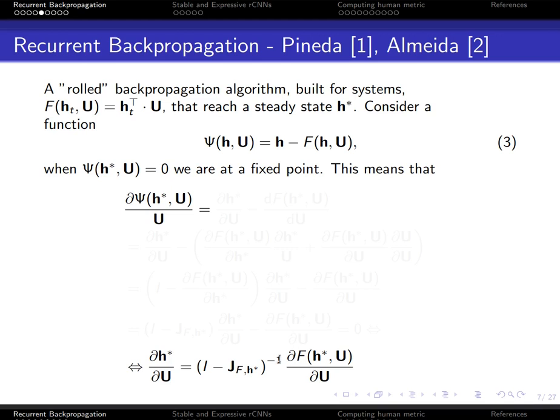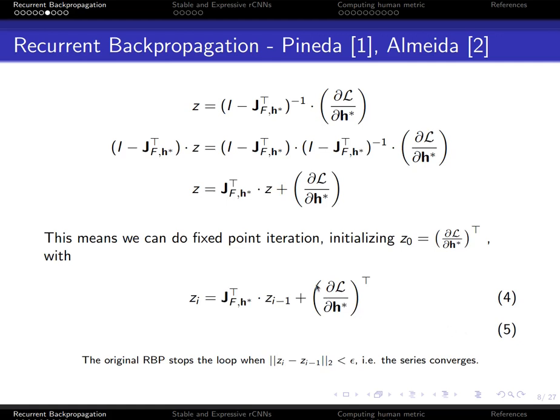Now, this is a really cool solution. However, taking the inverse of this may be very costly. And the authors back in 1987, independently by the way, arrived at this solution of the algorithm.